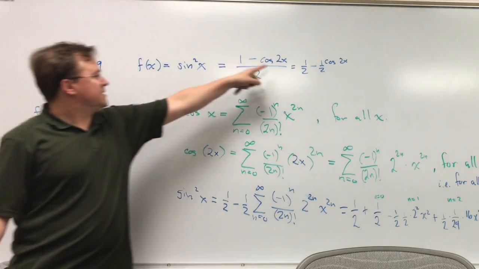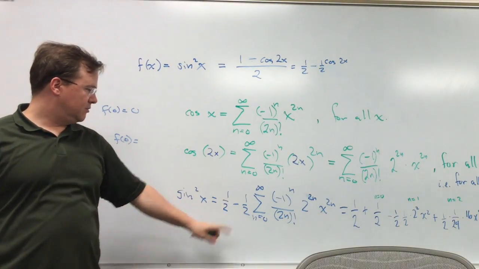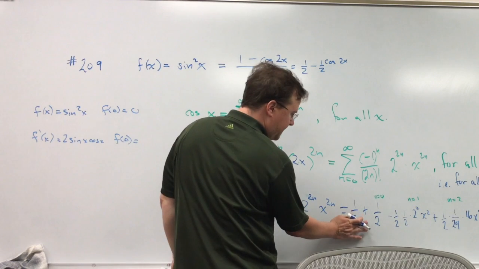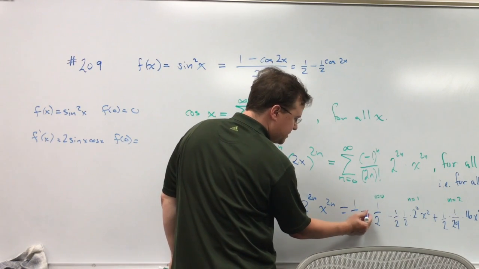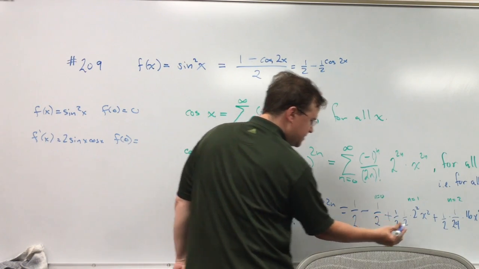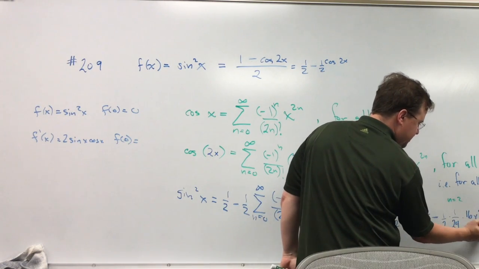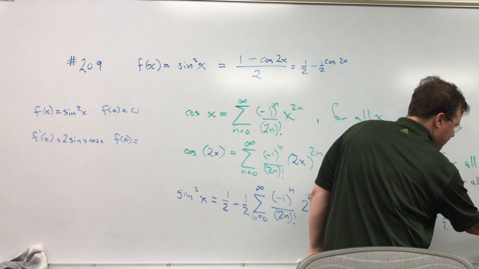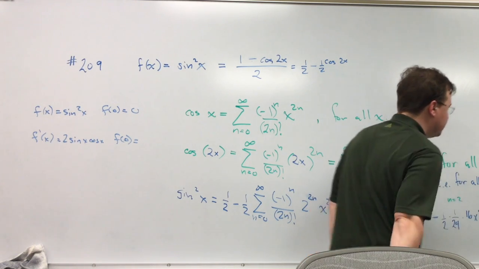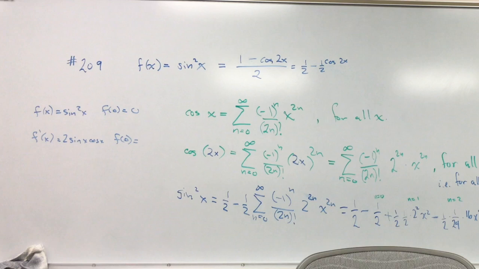So change this to a minus, this to a minus, this to a minus, which means that this is a minus, this is a plus, this is a minus, this is a plus, and it alternates from there on forward. It means that this is a minus, this is a minus, and that's a minus. 1/2 minus 1/2 would be 0.